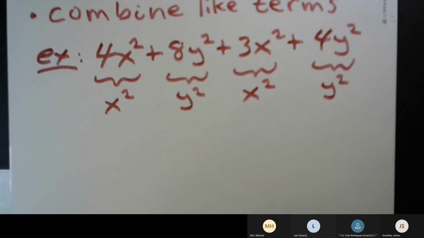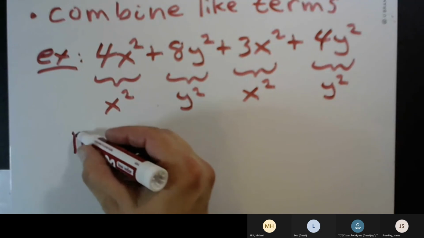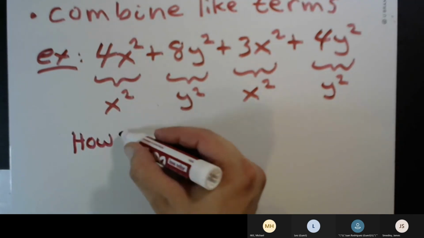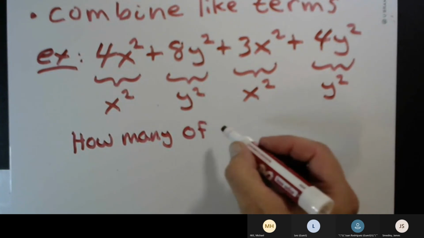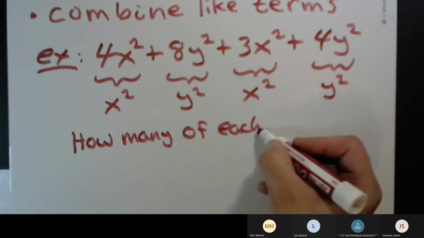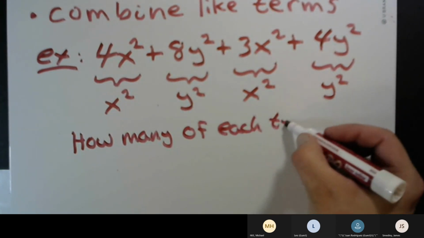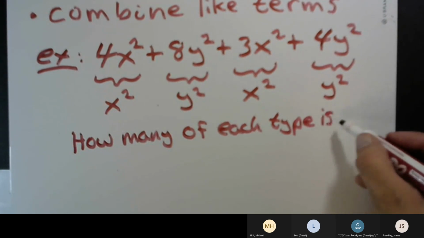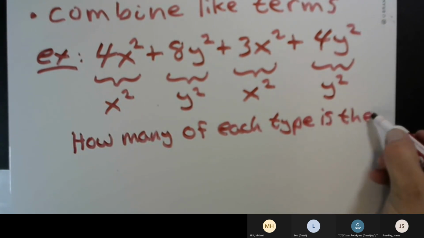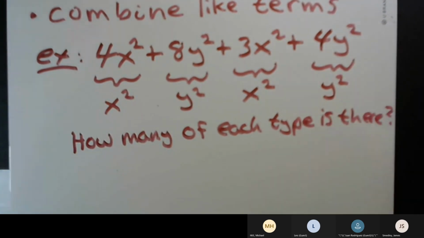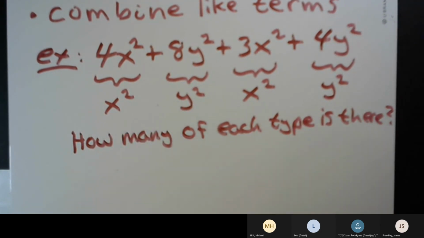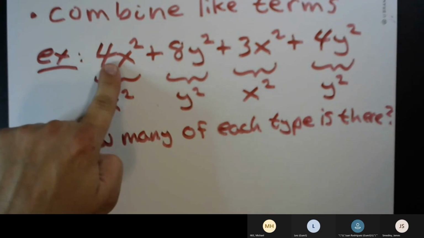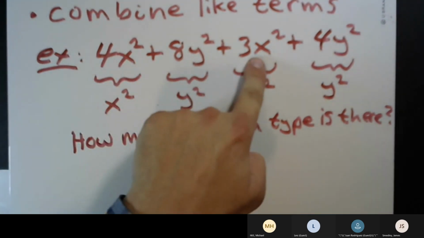So what we can basically ask is this: how many of each type is there? Well, if we take a look at the type x squared, we have 4 of those and 3 of these.